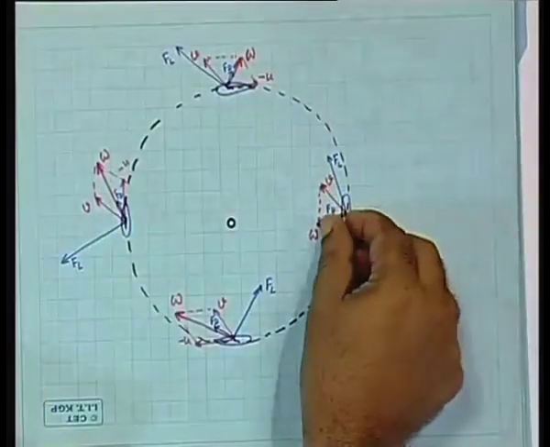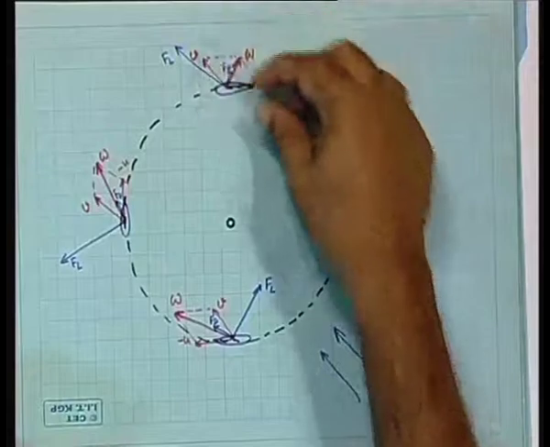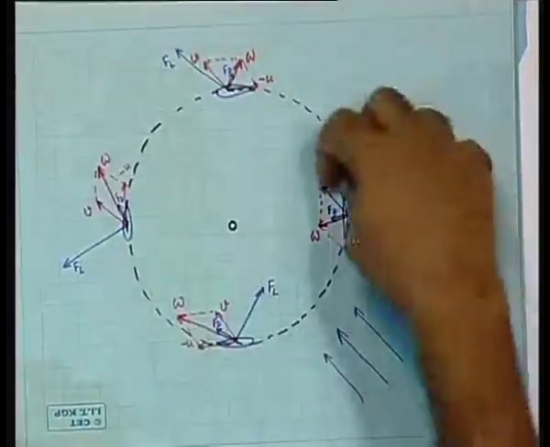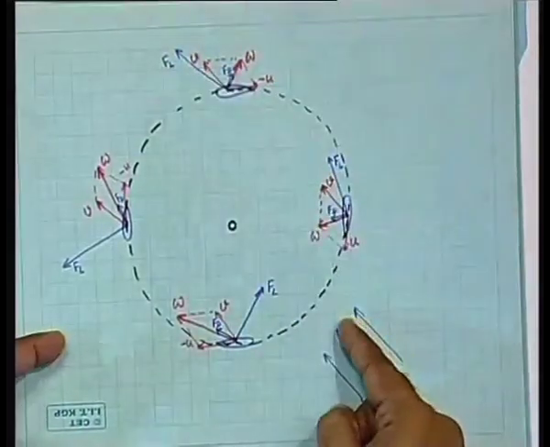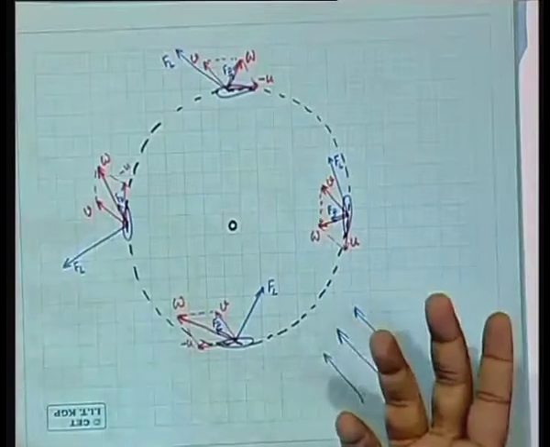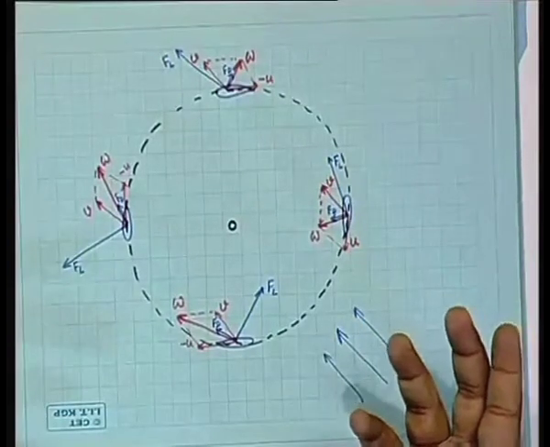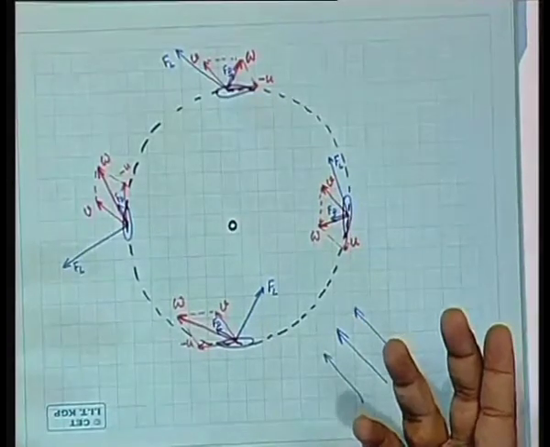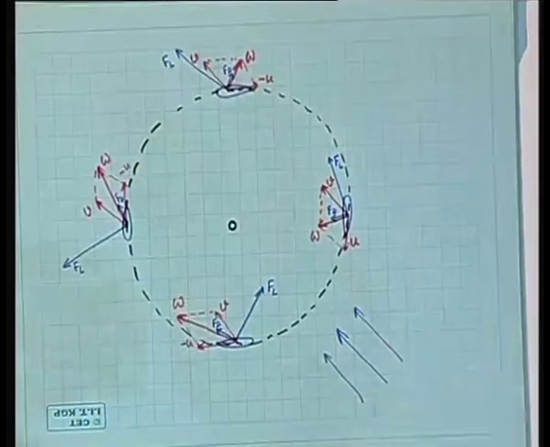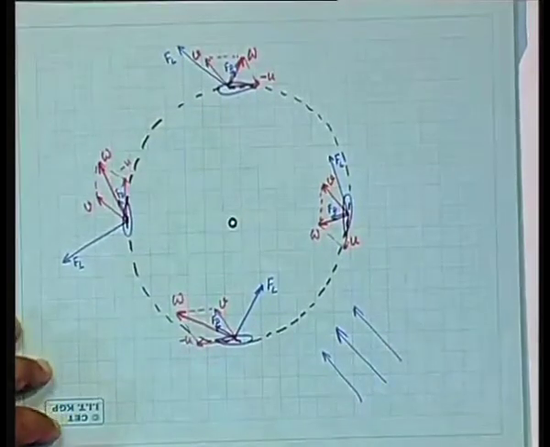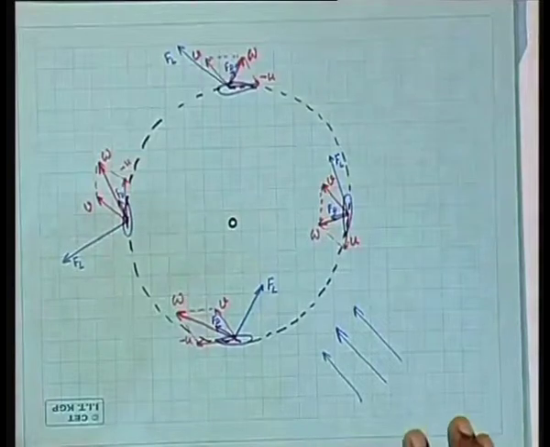Once it is here, after some time it goes there, after some time it goes there, and it rotates. As it rotates, you would notice from this diagram that everywhere it experiences a positive torque. This particular design was invented by Darius. That is why it is called the Darius rotor.